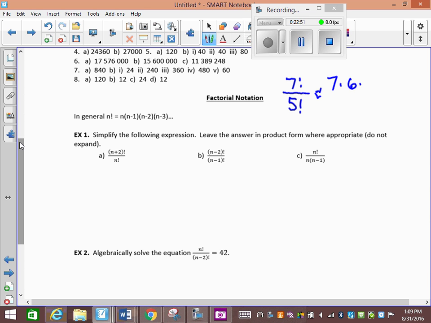So I can write 7 times 6 times 5 factorial. I know it looks silly, but I could do that, because 5 times 4 times 3 times 2 times 1 is 5 factorial. Why would I do that? Because look, I have 5 factorial on the bottom. Now what can I do with them? Cross them off, and my answer is 42.